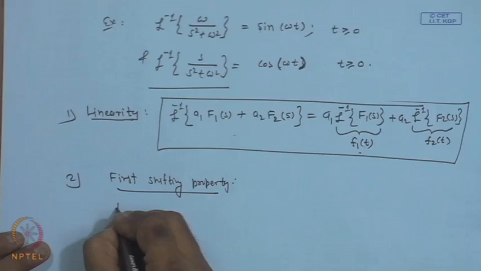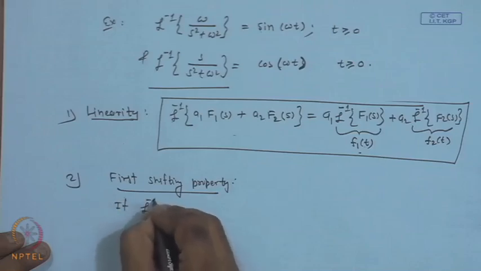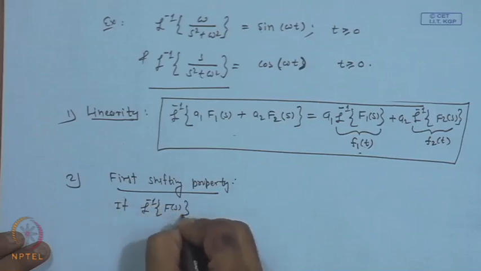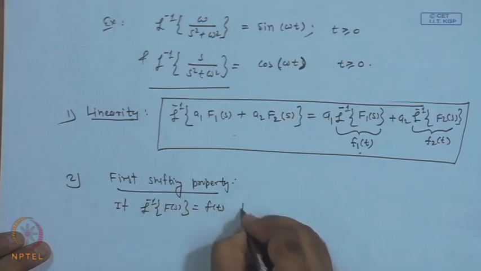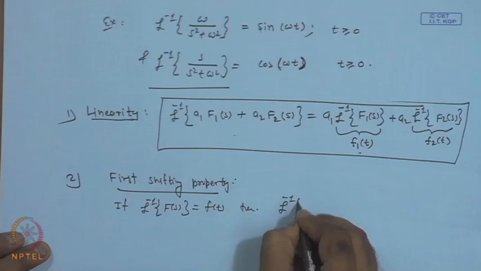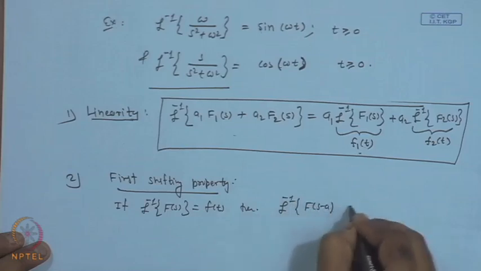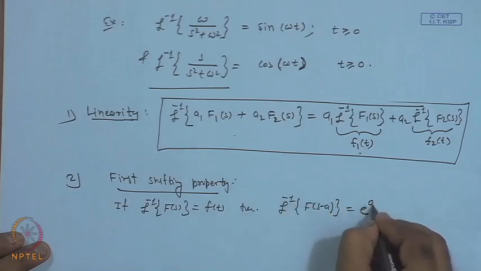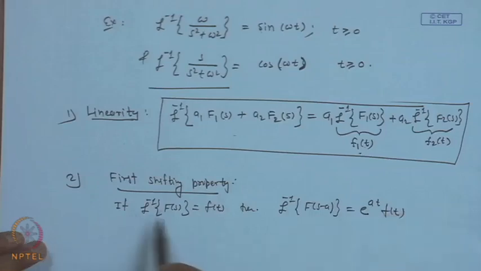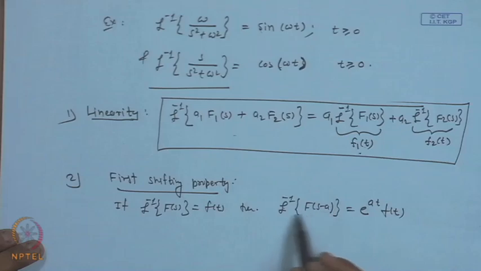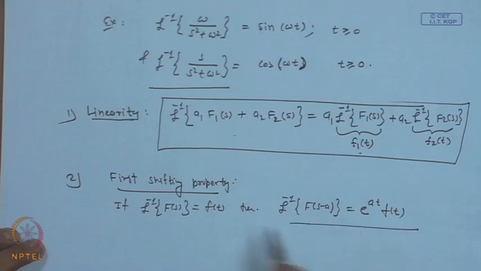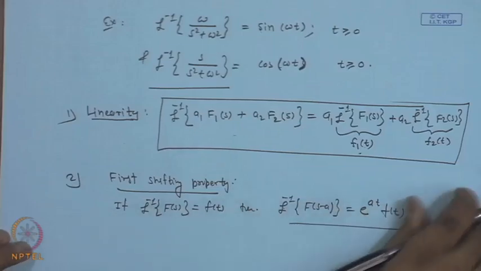What this property says is that if the Laplace inverse of F(s) is f(t), so there we had Laplace of f(t) is F(s), then the Laplace inverse of F(s minus a) is e^(at) f(t). This theorem was that the Laplace of e^(at) f(t) is F(s minus a), so it is the same result. All the other properties that we had for the Laplace transform hold here in the case of the inverse transform.